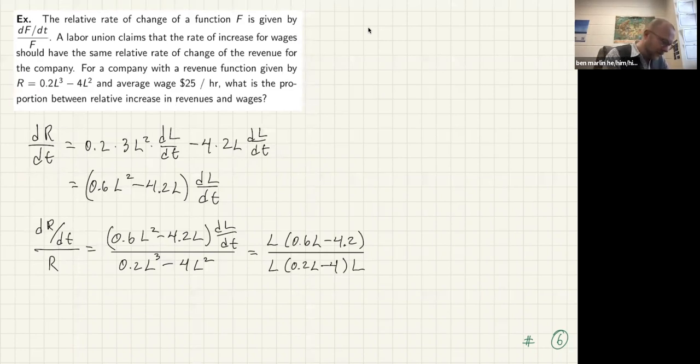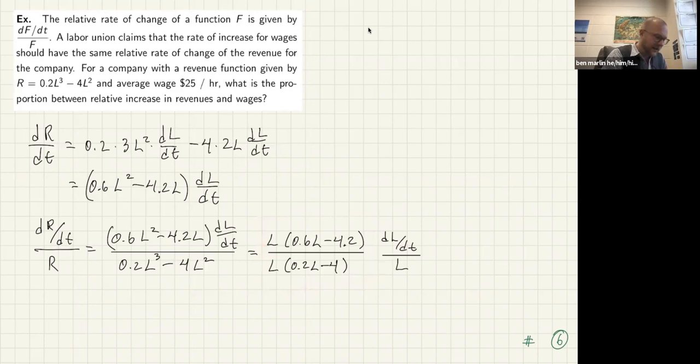The reason that is mysterious is that I've got this dL/dt here, and I'm going to grab this L and move it over there. So the relative rate of change of the function R is given over here and the relative rate of change of the function L is given over here. And so this is the proportion between them.